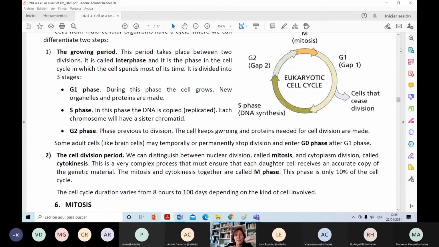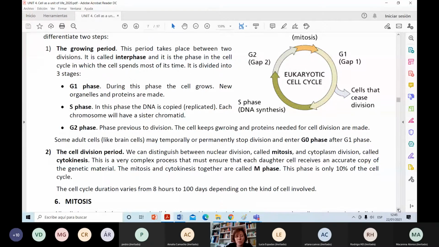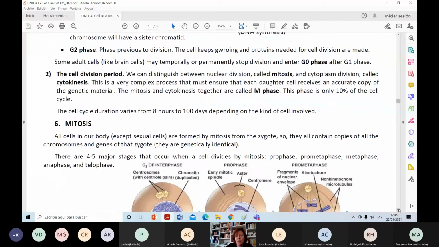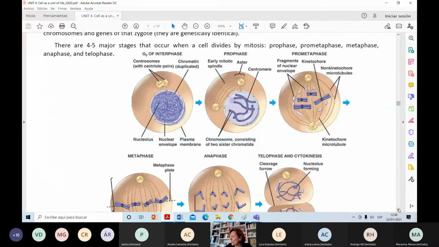Then I think it's easier if you just study from page number 4 to the end using this photocopy. But as I tell you, most of the information is in your book as well. For example, this chart that you've got in page number 37, you've got a chart summarizing what's going on in mitosis in your book, and this picture is not that bad.